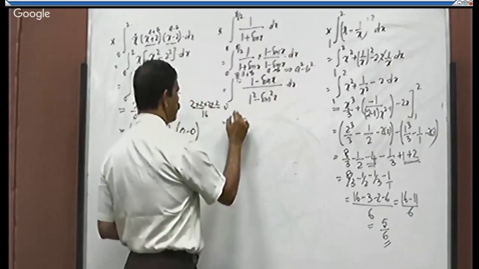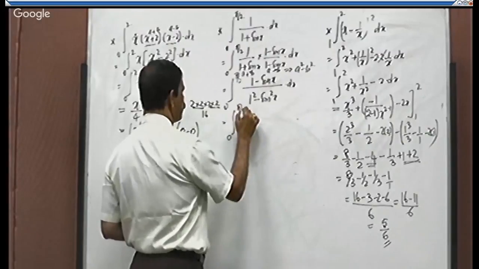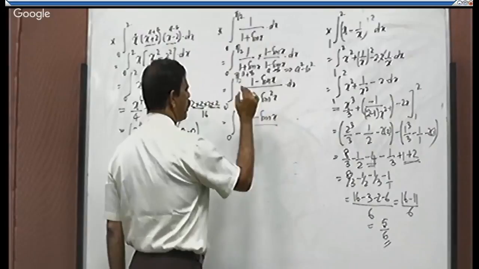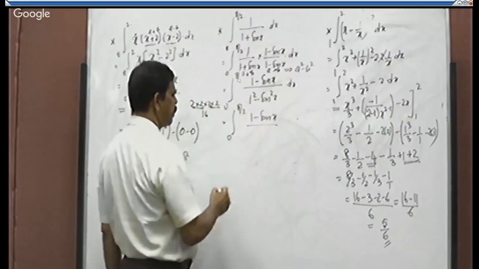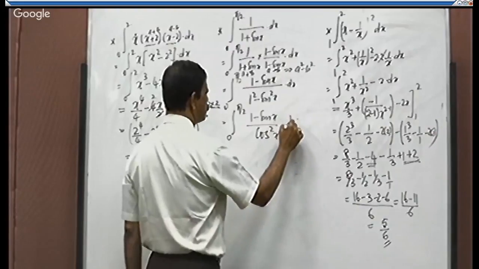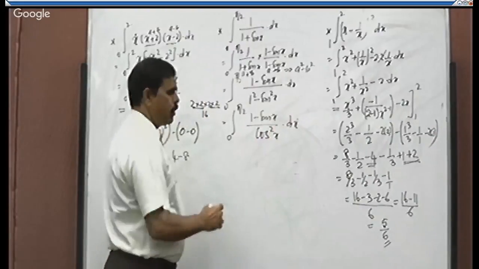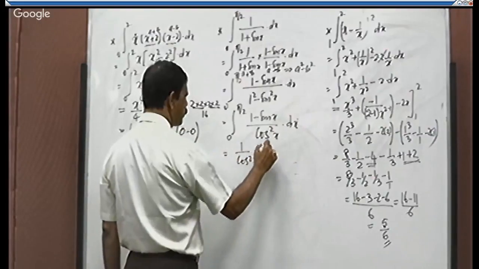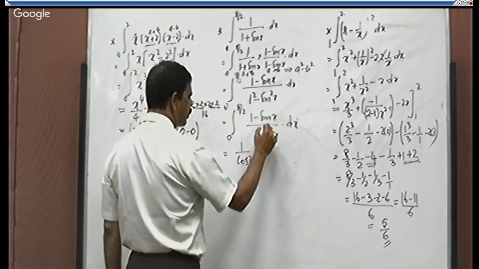This is equal to 0 to pi by 2, 1 minus sin x all divided by 1 square minus sin square, which is cos square x dx. This is 1 by cos square x minus sin x by cos square x.